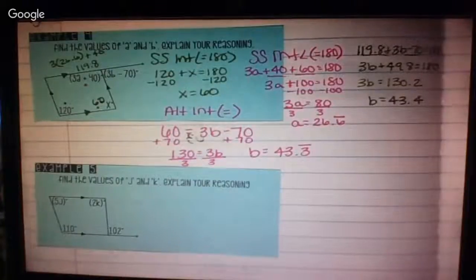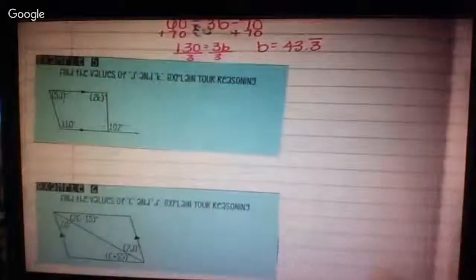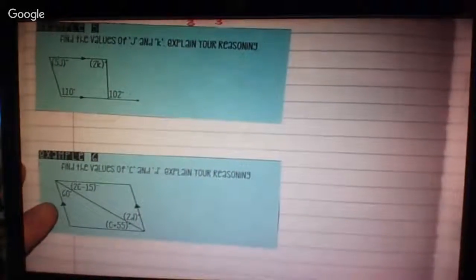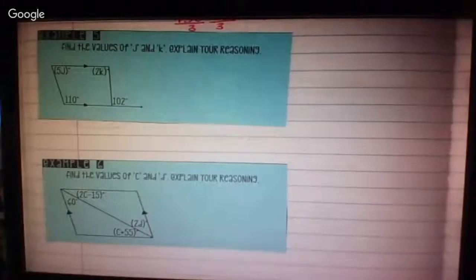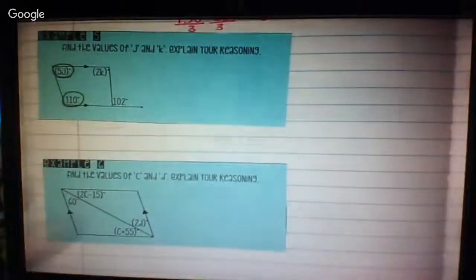All right. Let's look down at example 5. Okay. What do I know about this angle and this angle?